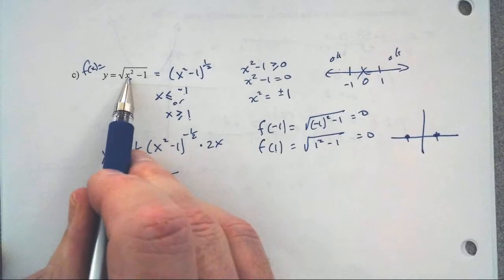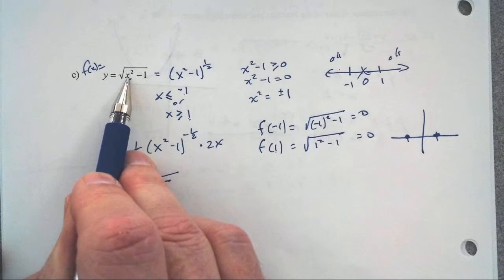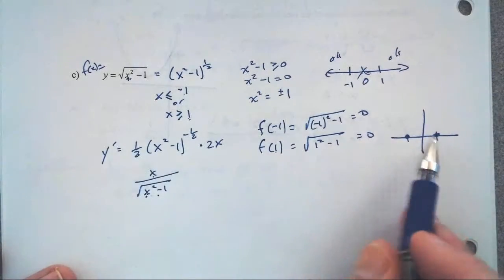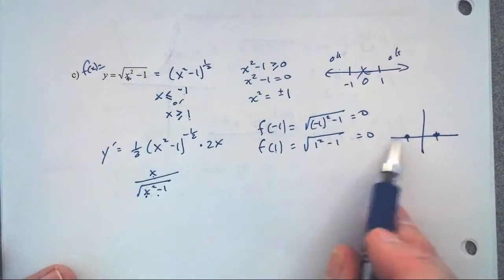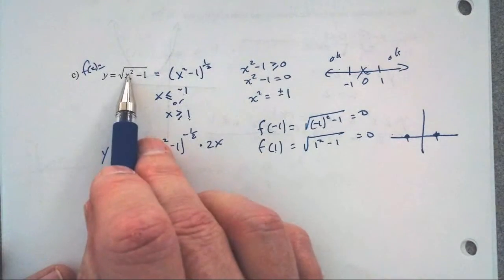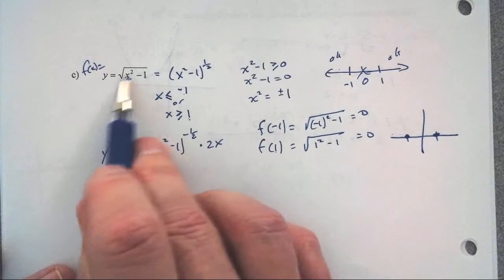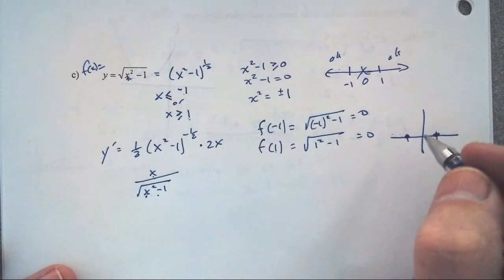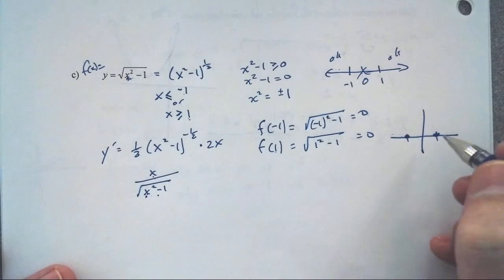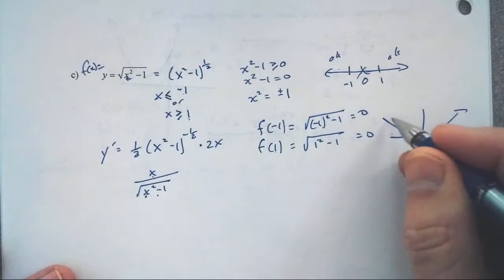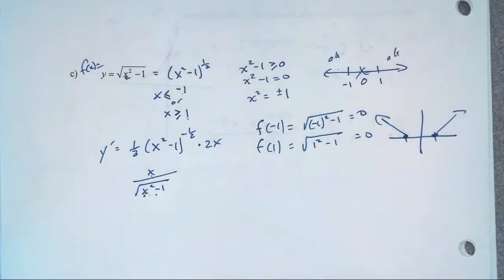Well, what happens if I put a bigger value in here for x? If I put a bigger value than 1 or a smaller value than negative 1 to the left, this becomes bigger than 0 inside of here, and our graphs are going to go up. How do they go up? I don't know, but I know they're going up. I don't think they're going up linearly, but they're going to get bigger.